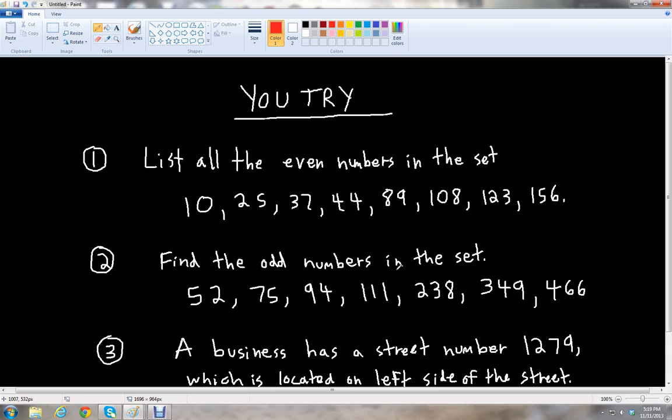So 10, yes. 25, no. 37, no. 44, yes, ends in 4. 89, no. 108 is yes, ends in 8. 123, no. 156 ends in 6, so yes. So all the even numbers in the set are 10, 44, 108, 156.